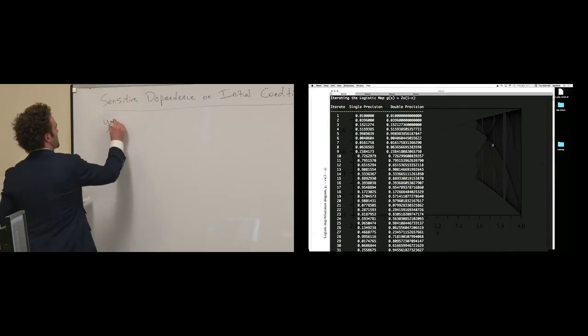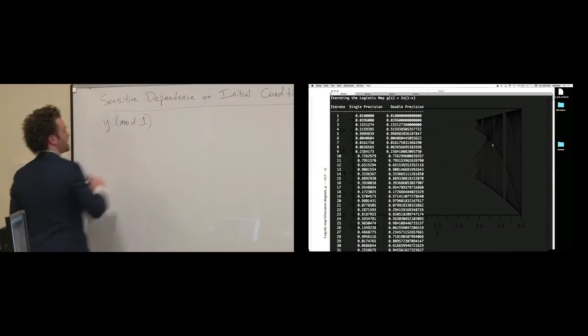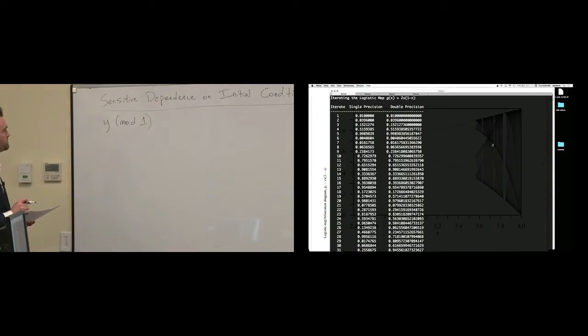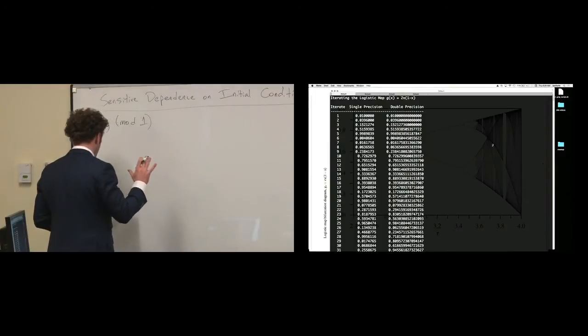So if I have a number and I'm asking you to represent that number mod 1, y is just some number, 73.2 or pi, and then I'm going to take its mod 1.